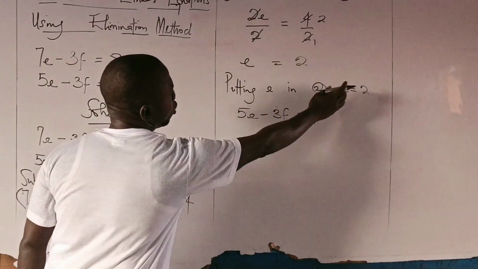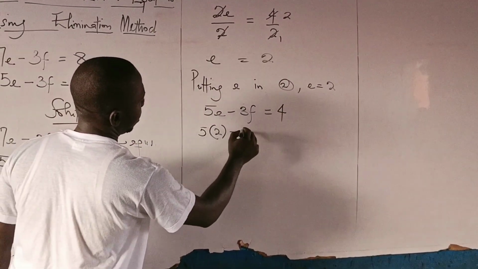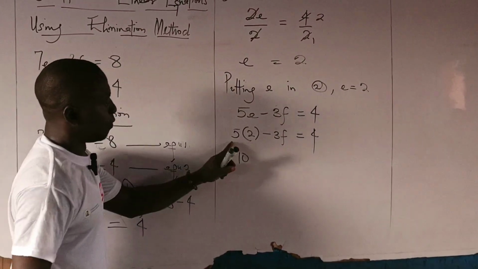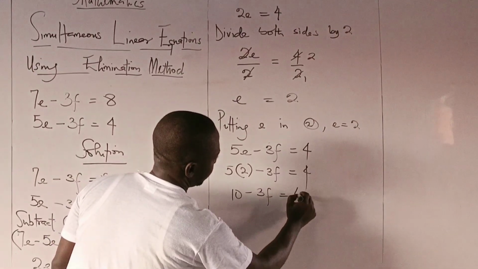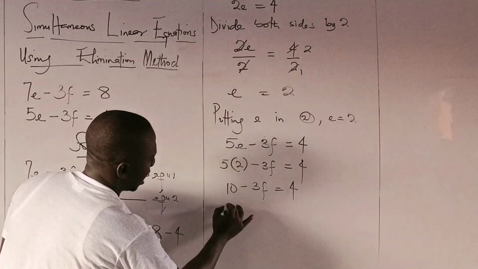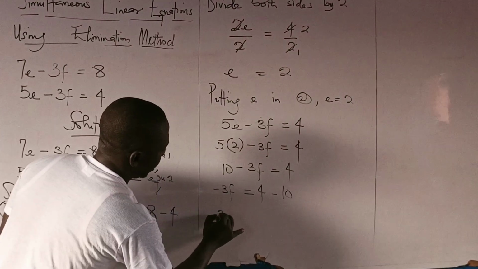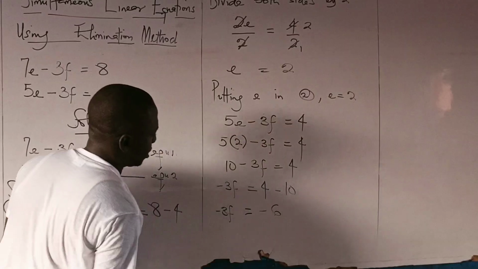What's our equation 2? We have 5e minus 3f is equal to 10. Now from here, substitute your e here. 5 into 2 minus 3f is equal to 10. 5 times 2. Rearrange. Minus 3f is equal to 4 minus 10, so minus 3f is equal to minus 6.